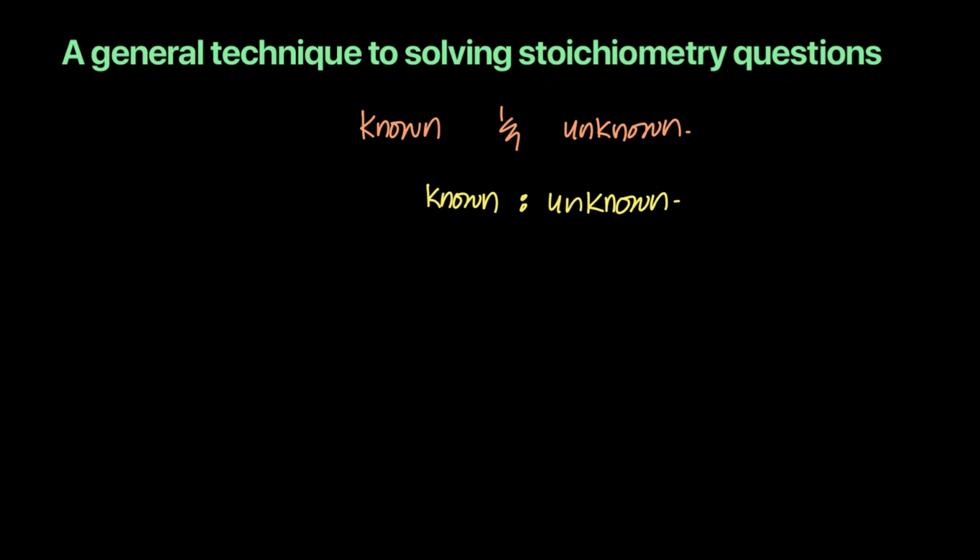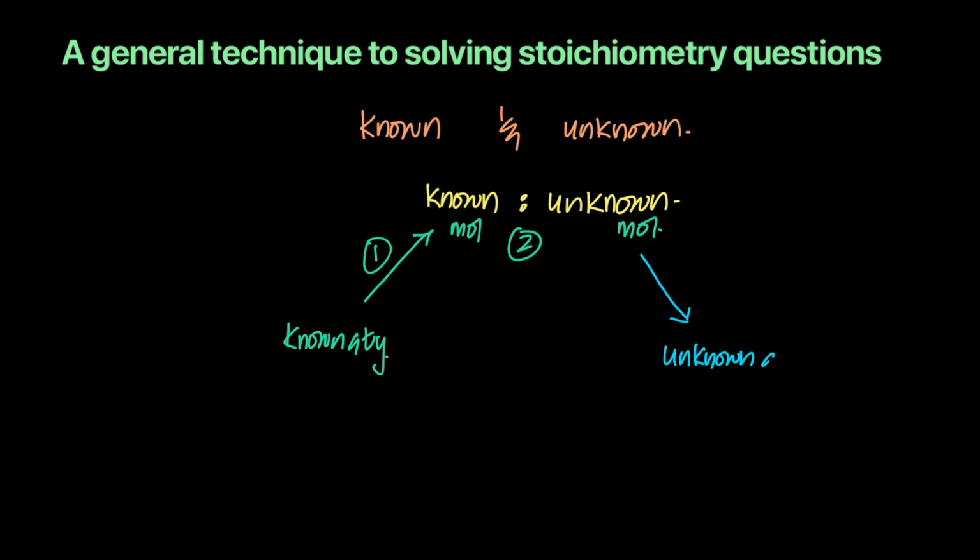So a basic idea would be to take the known quantity and convert it into the known moles. That's step number 1. And using the known to unknown ratio, find the moles of the unknown. And once you have the moles of the unknown, convert the unknown to the quantity you've been asked for.